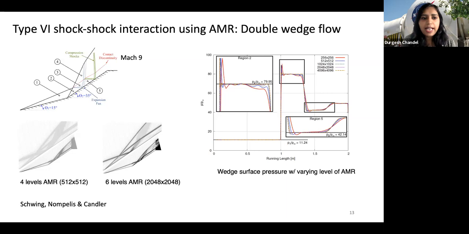Then they wanted to use fewer points using AMR. So this is going from 1 to 6 levels of AMR near the shock region. And the AMR is performed based on the density gradient. So wherever they have a strong density gradient, that has 6 levels of AMR. And then going away from that location, the cells become bigger and bigger.